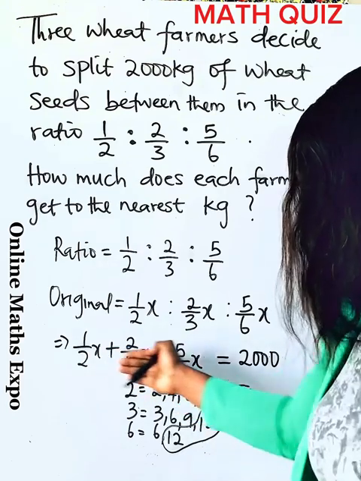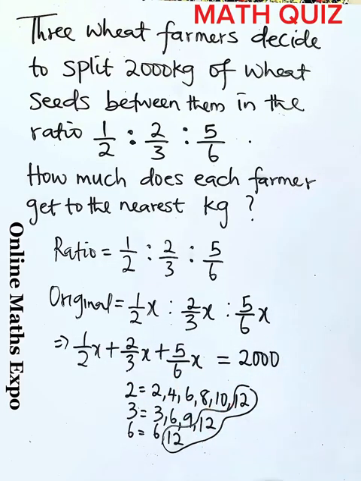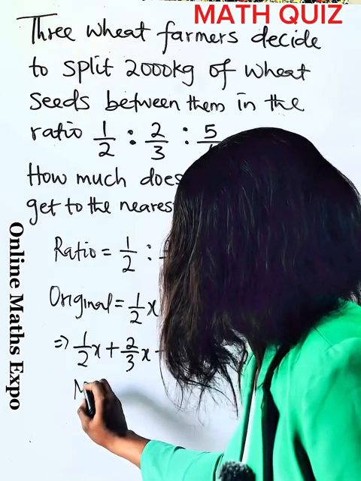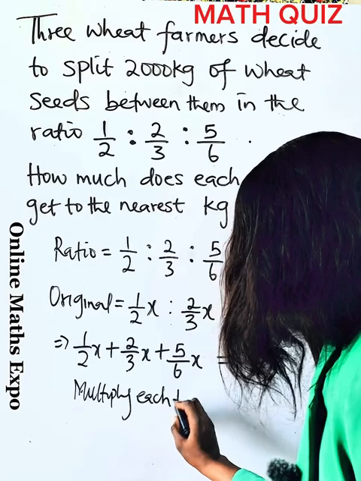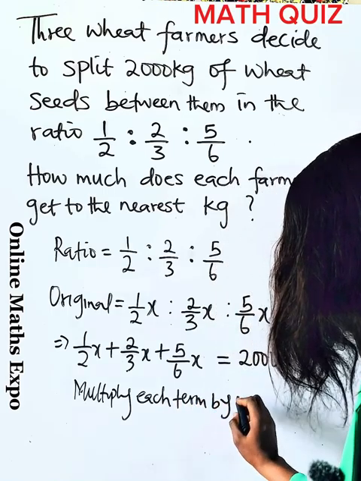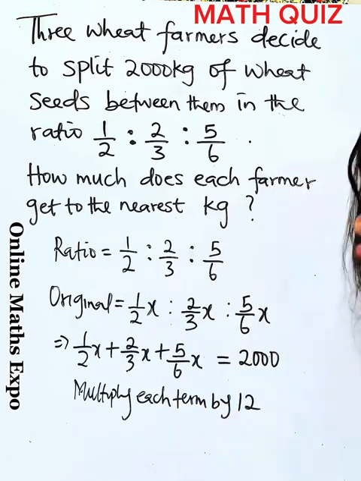We are going to use 12 to clear the denominators. To do that, we multiply each term by the LCM, which we said is 12.